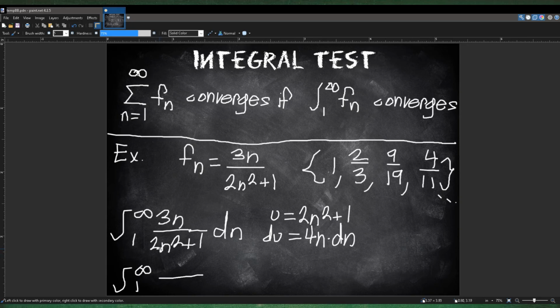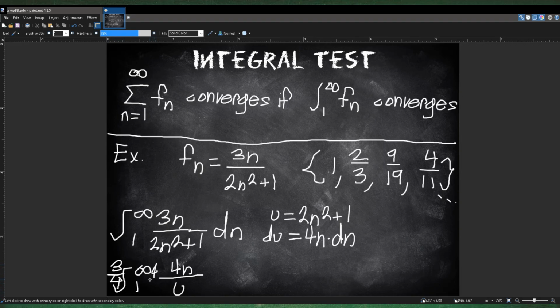We already know 2n squared plus 1 is equal to u, because that's what we substituted with. And now we can substitute that 3n by this 4n, right? So to do that, we need to multiply the inside by 4 over 3. So 4 over 3 times 3n is equal to 4, so we will put that as 4n. But since we multiplied the inside by 4 over 3, we need to multiply the outside by 3 over 4.